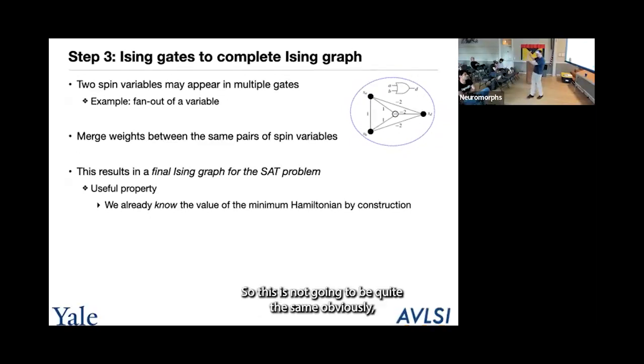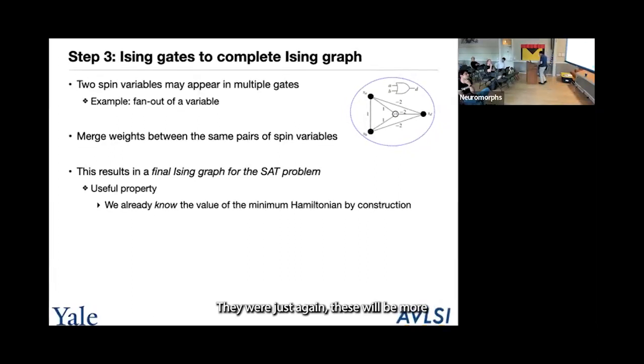So this is not going to be quite the same, obviously, as the graph I had between my logic gates, but it's very tightly related. So that's an intuition. I would expect this has slightly higher fan out than I would see in a normal logic synthesis flow, but that's fine. I know how to parameterize and increase the interconnect to account for that. But this is the nice part, we can tell how well we are doing with your Ising solver, which is again very useful.